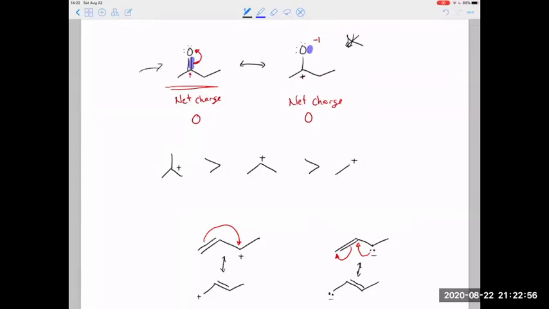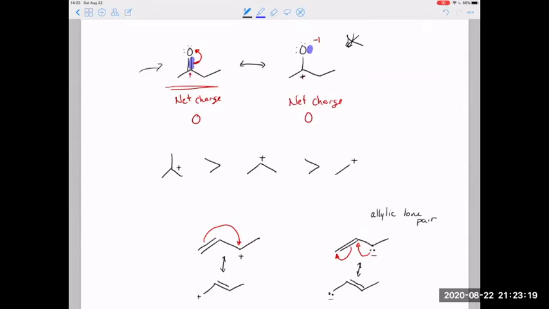So if you have a charge, that would be covered by the lone pair, right? It's a lone pair adjacent to a double bond, a pi bond. First of all, it's important to recognize that if you have a charge in this allylic position, there's resonance.